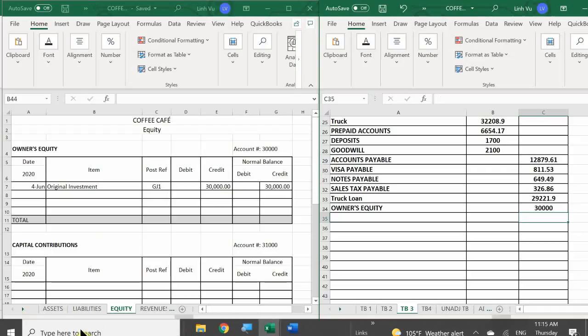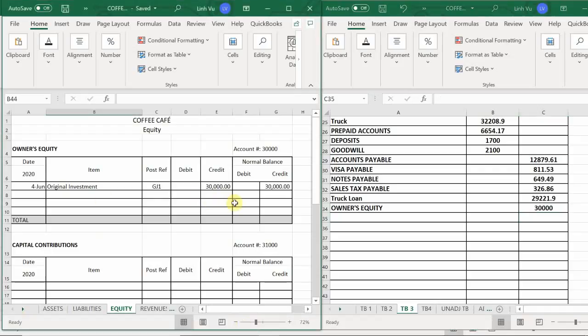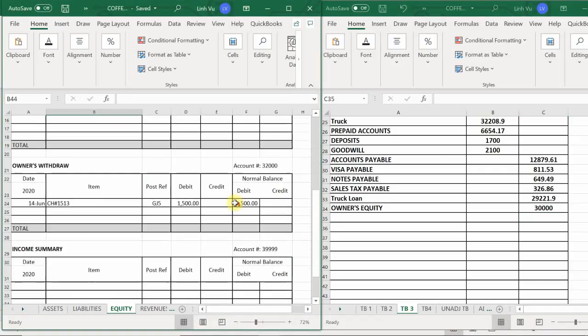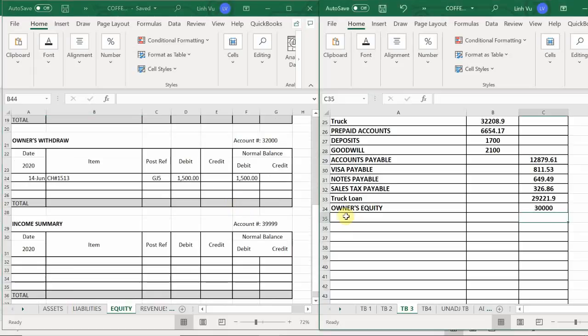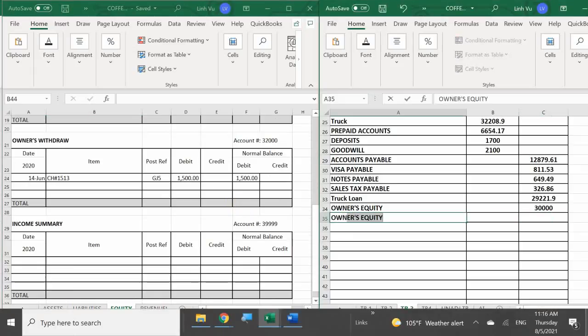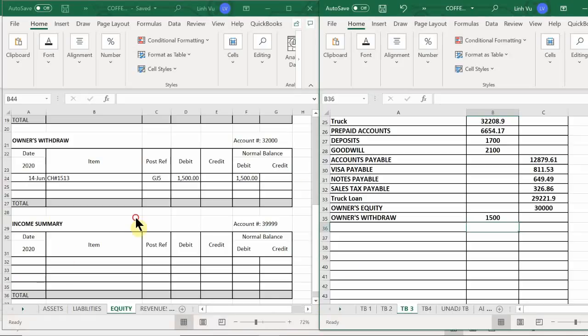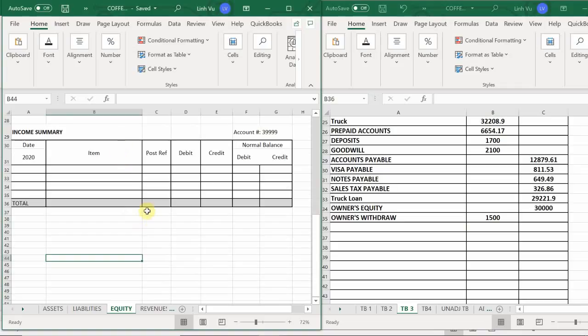Make sure it's on the credit side. That's what our net worth is right now. And then we also had an owner's withdrawal, which is a debit, for 1,500. Now we're completely done with our equities.